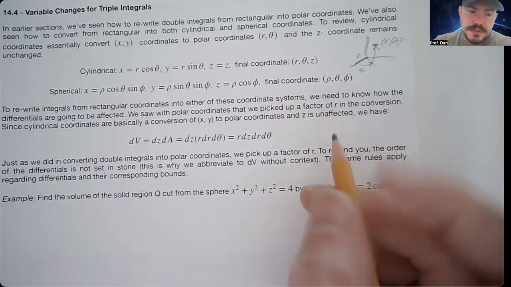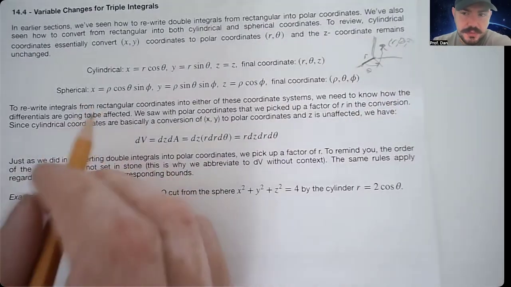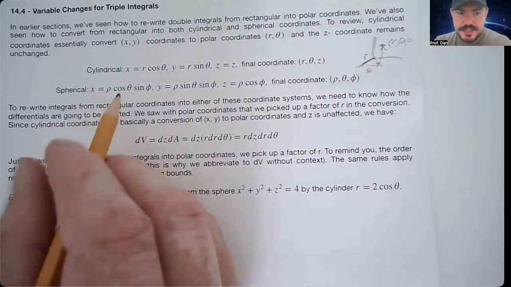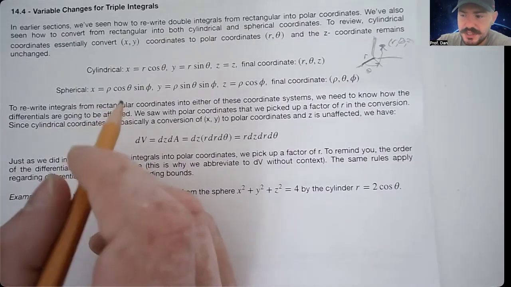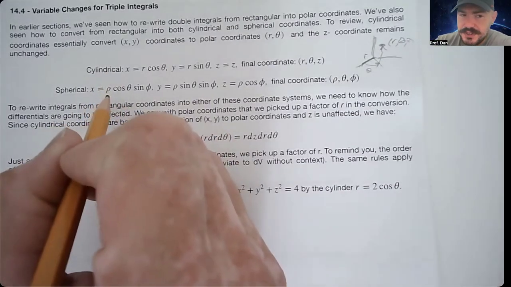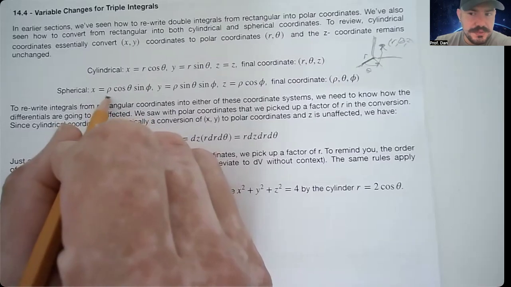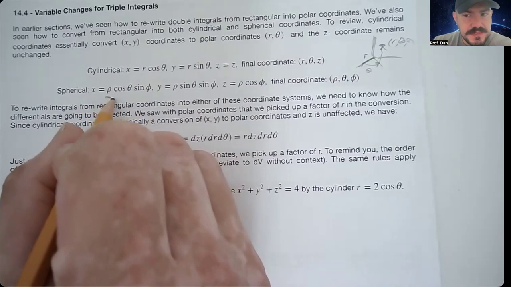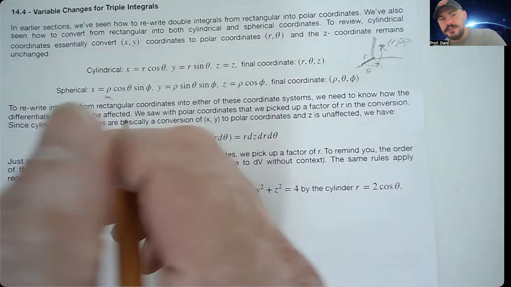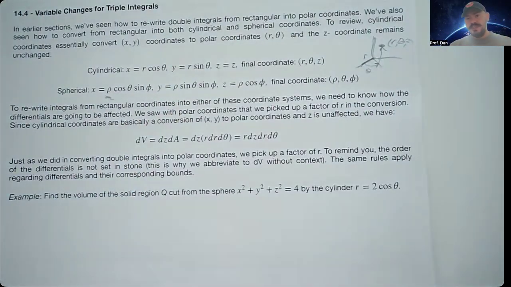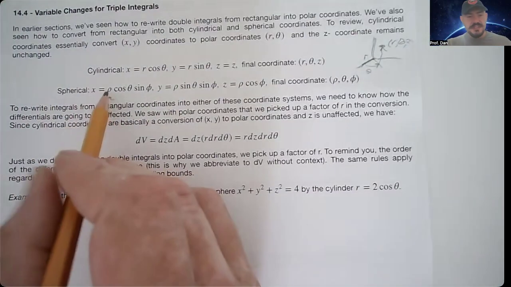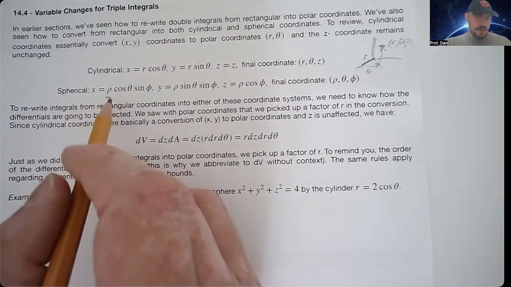With spherical coordinates, it was a little bit more complicated because we first off had a completely different set of letters. Talking about letters, do not confuse this with mass density. We've been doing these problems where we look at moments of mass using a density function that is called rho.